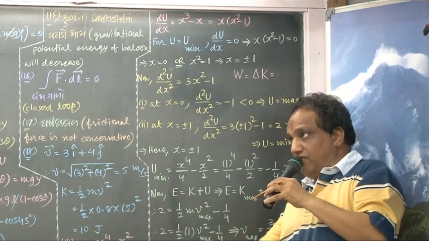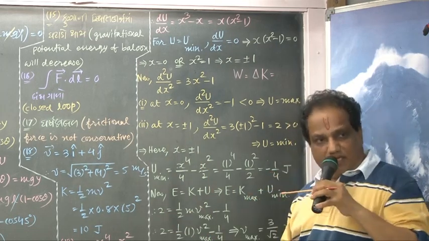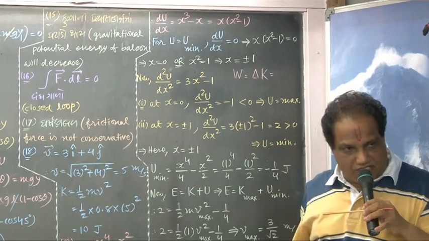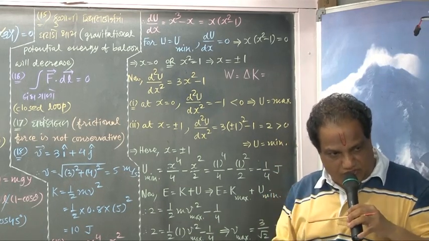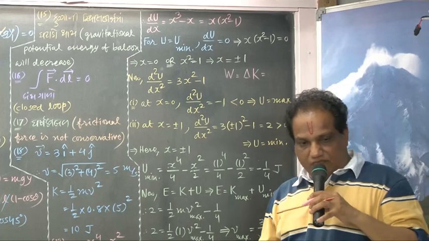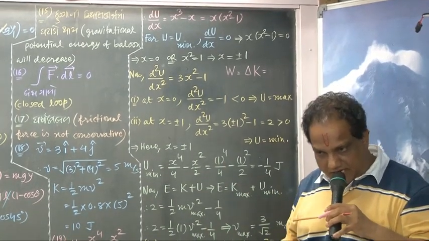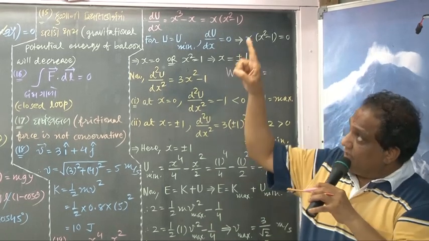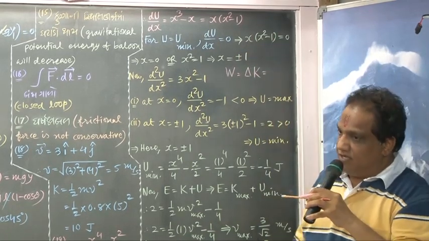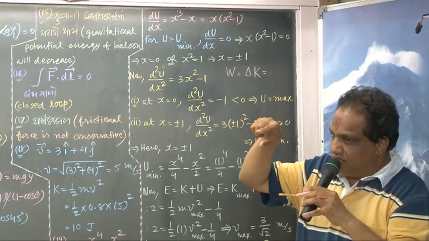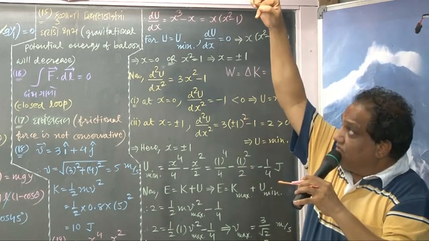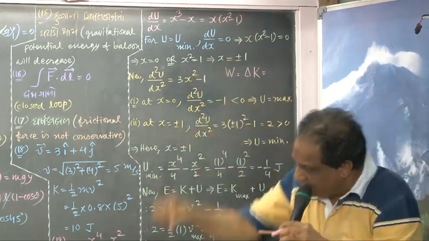If I throw a body vertically upwards, neglect air resistance and consider only gravitational force, what will happen? While rising, velocity will decrease, kinetic energy will decrease. At the point of maximum height, for a moment kinetic energy will become 0. But then the body is falling, correct?